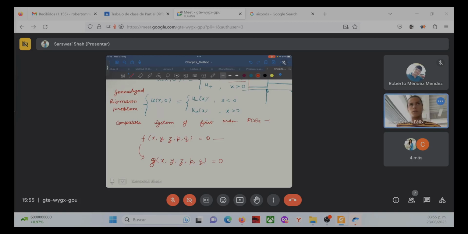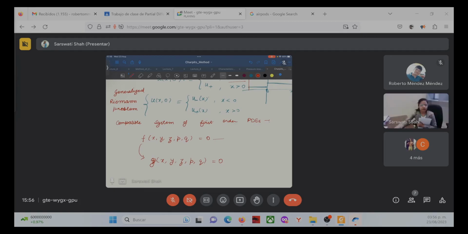If f and g are different partial differential equations, there is no reason to think they are the same partial differential equation. So f and g are two different partial differential equations.